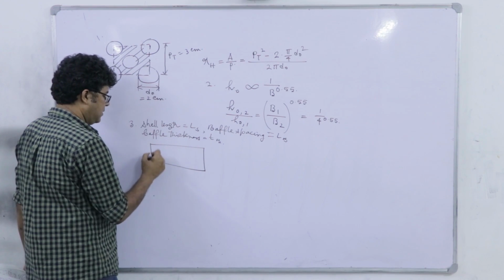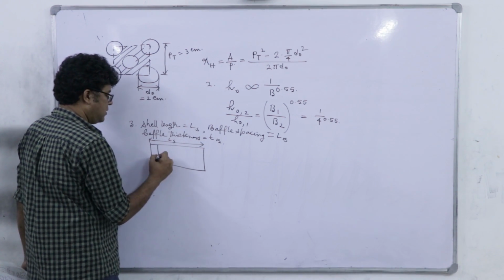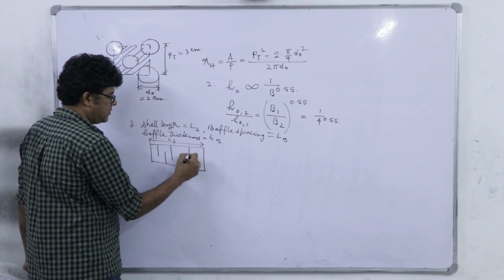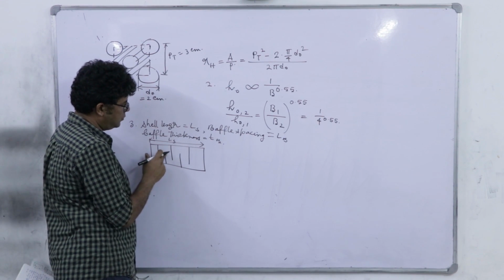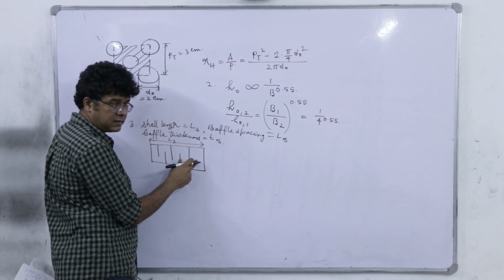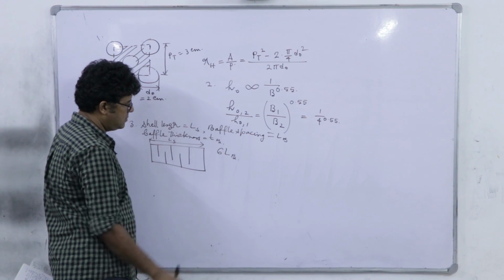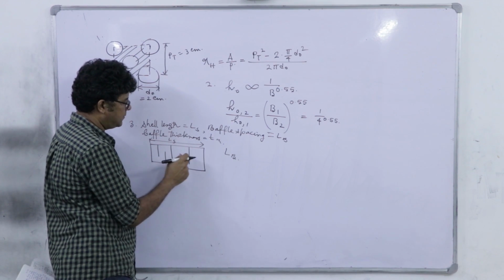See, in the shell, there is the total length, and here you may be using NB number of baffles. So how many spacings? 1, 2, 3, 4, 5, 6. So 6 into LB, or rather, how many baffles are we using? 5.